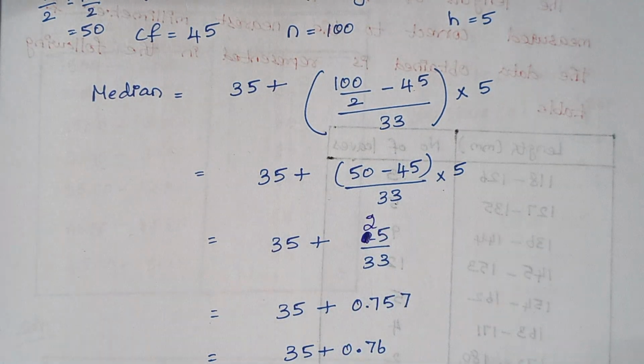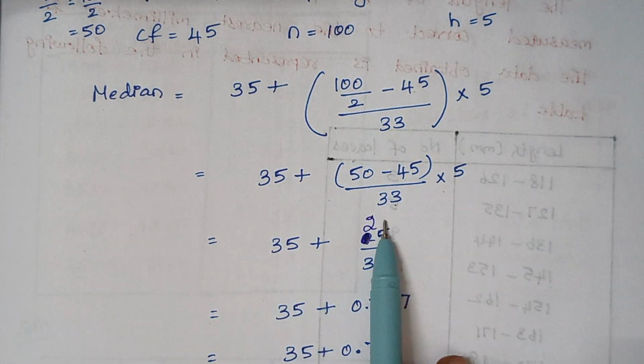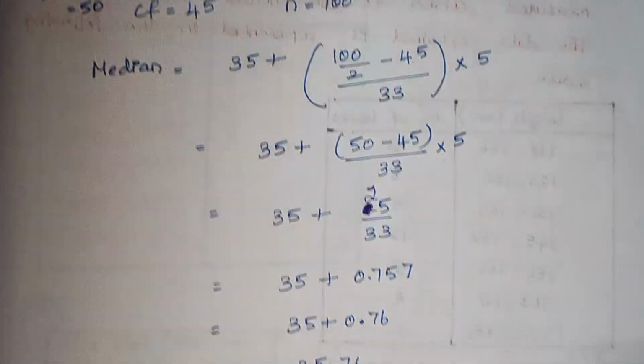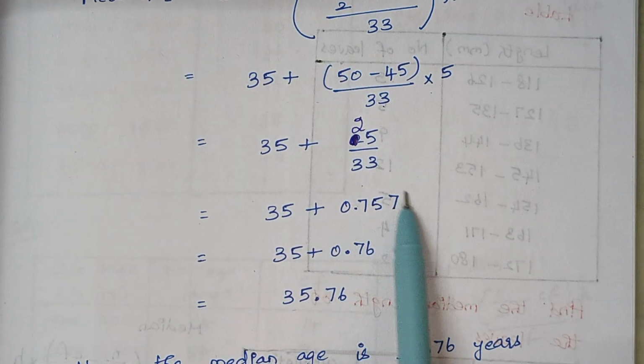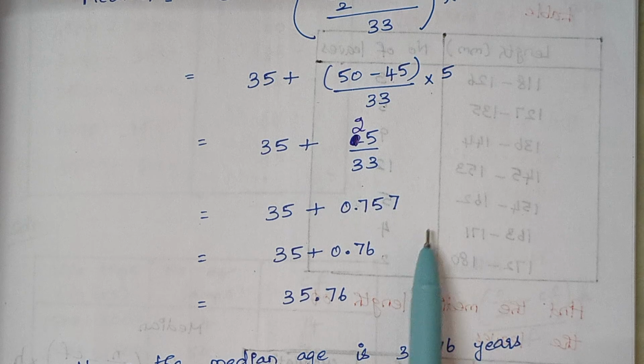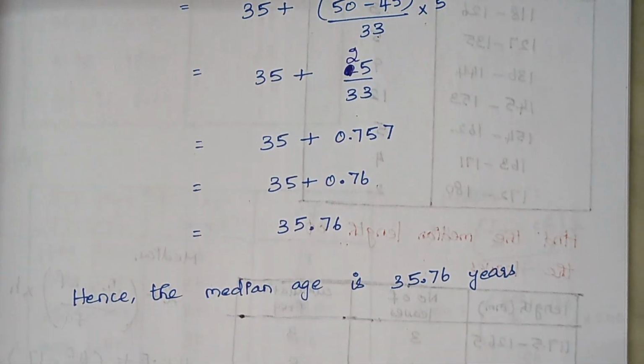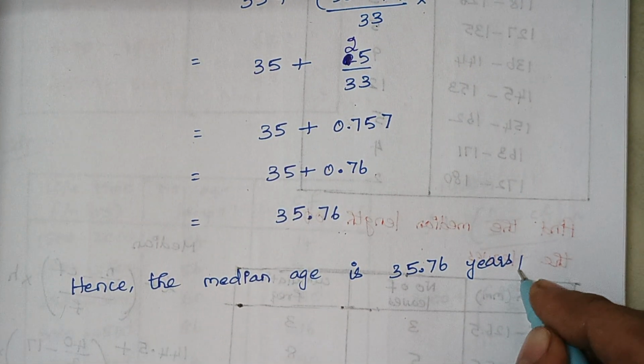So it is 35 plus 25 by 33. Once you solve, we get 0.757, which I am rounding to 0.76. When you add, we get the answer 35.76. So the median age is 35.76 years.